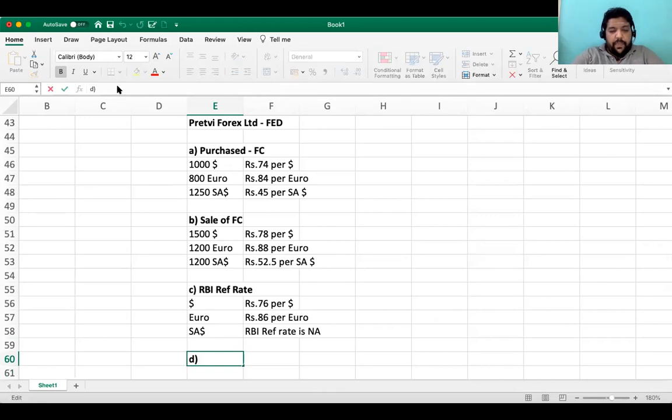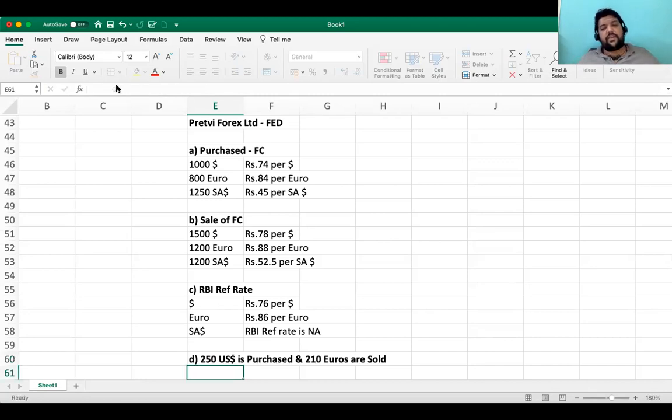The last line item: 250 US dollars is purchased and 210 euros are sold.